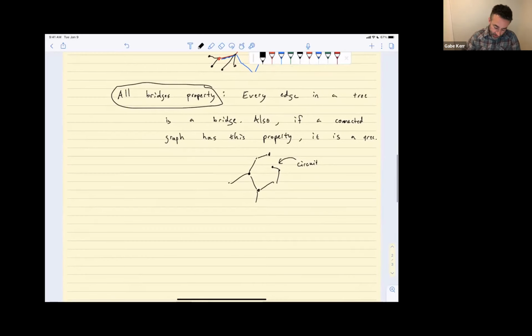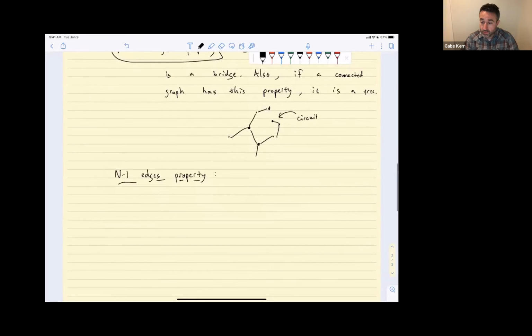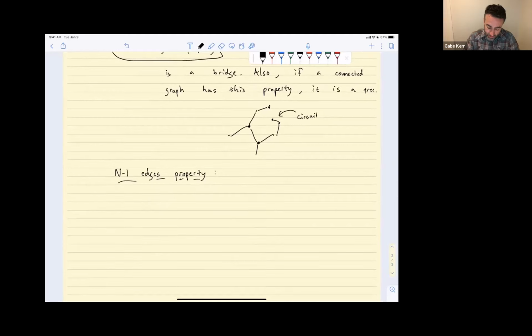All right, there's another property, the n-1 edges property. A tree with n vertices has n-1 edges.